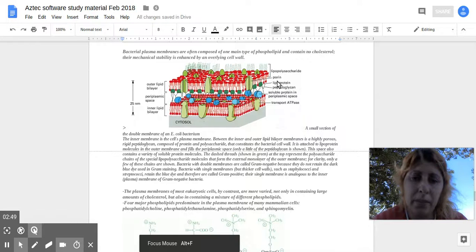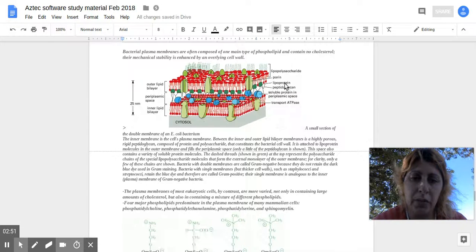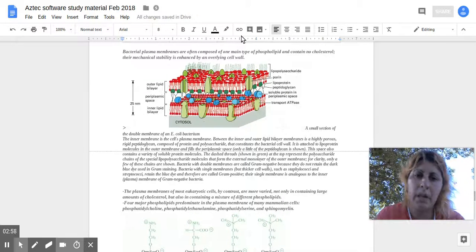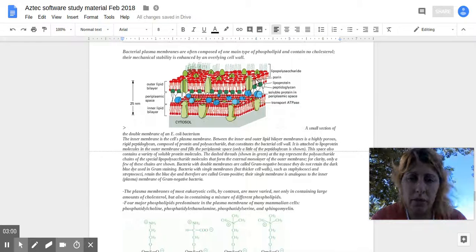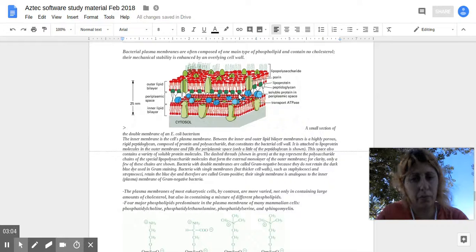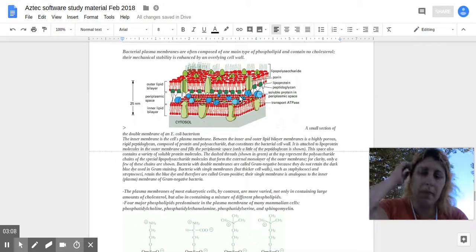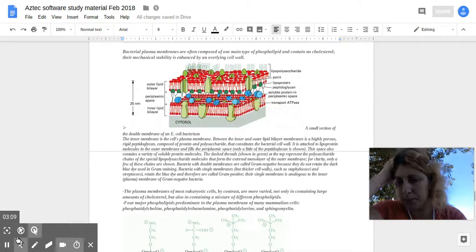A lipoprotein is a lipid bound to protein molecule. There's also molecules called porins. That's a channel for letting molecules go through. It's a protein channel.